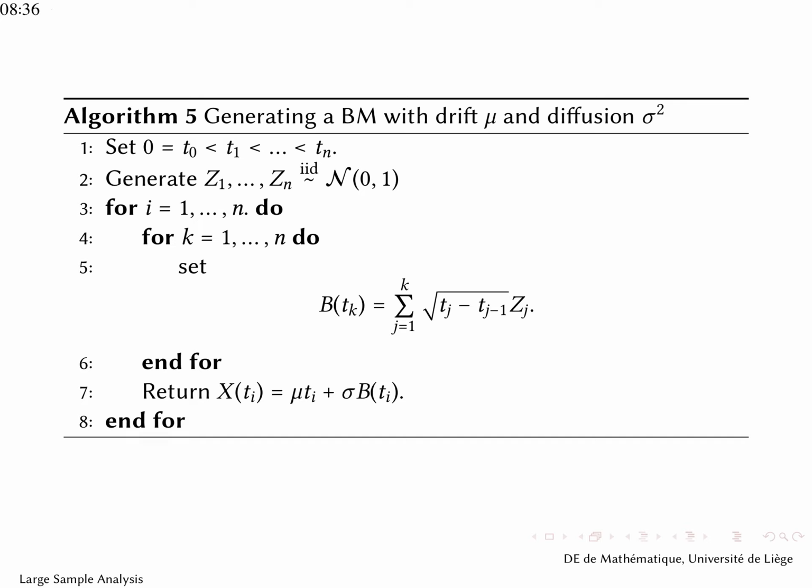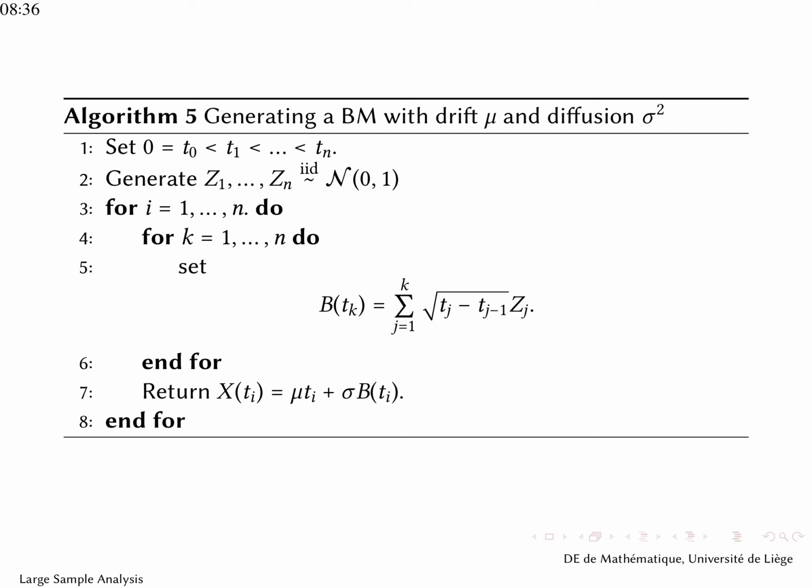We generate as many standard normally distributed values, and then we see a double for loop. The inner for loop will create the standard Brownian motion, based on the fact that the differences are independent and normally distributed with mean 0 and variance t minus s.